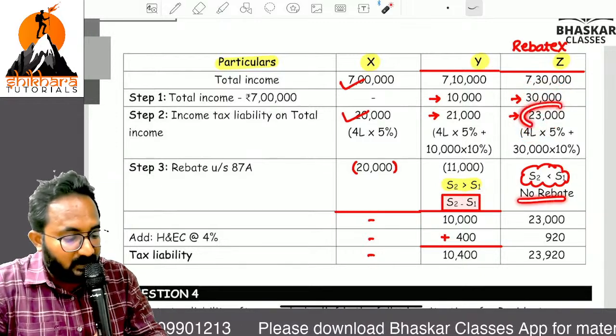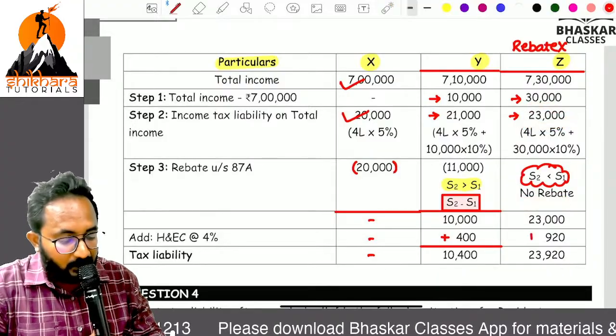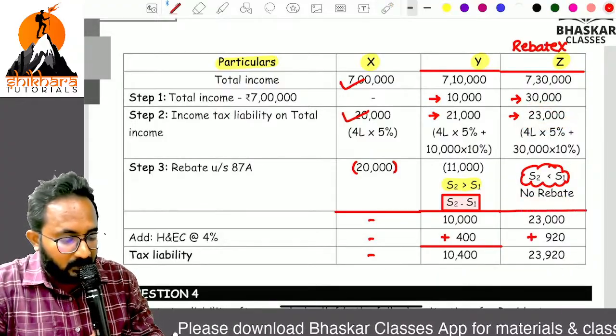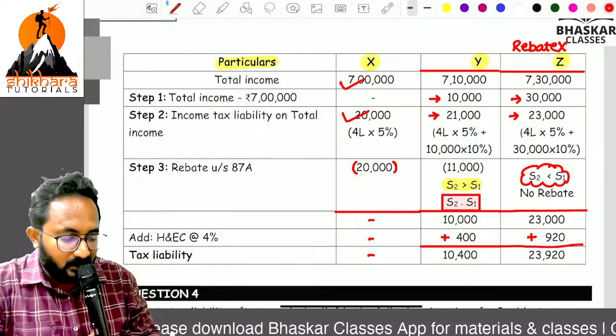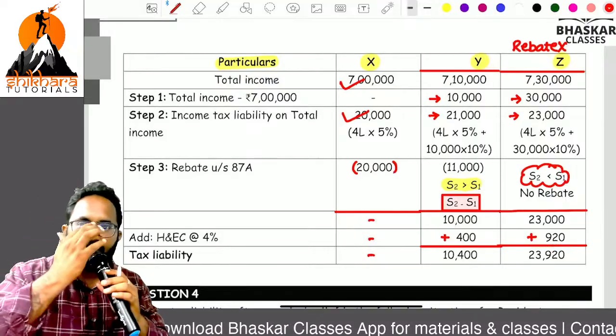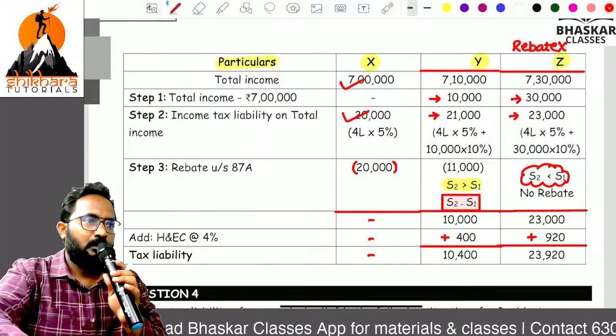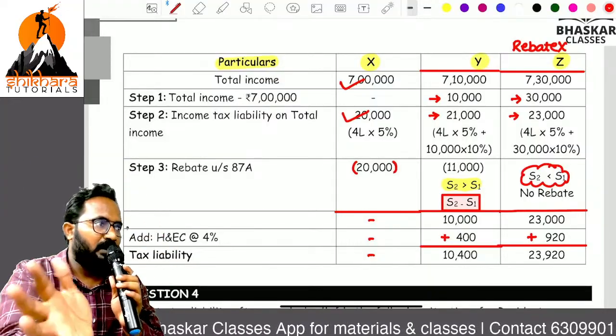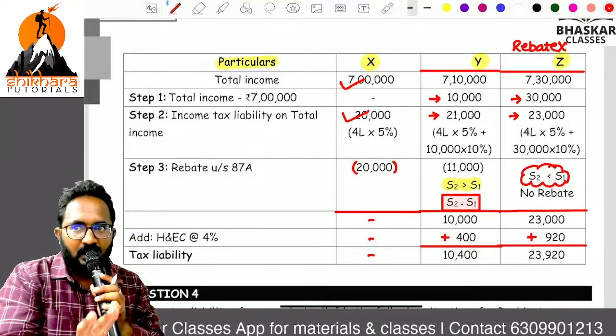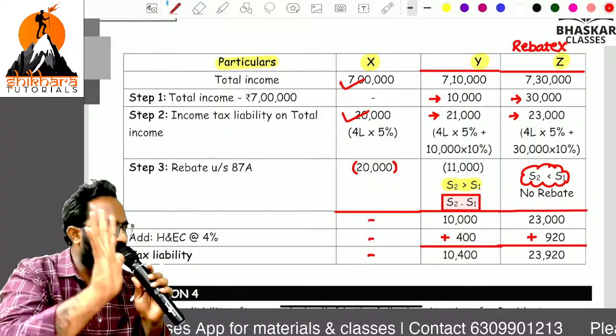So this 23,000 you have to pay, and by using health and education cess that amount should be increased. Definitely rebate concept directly they will not give, but along with the DTAA questions or in MCQs, definitely they will try to give.